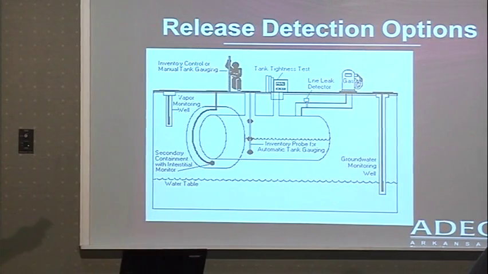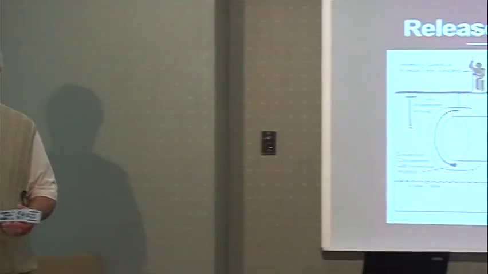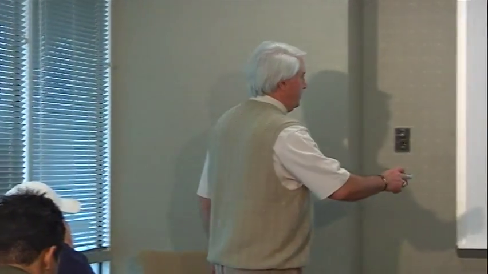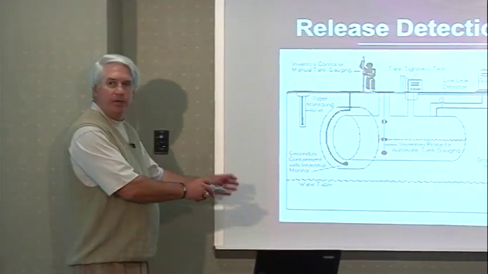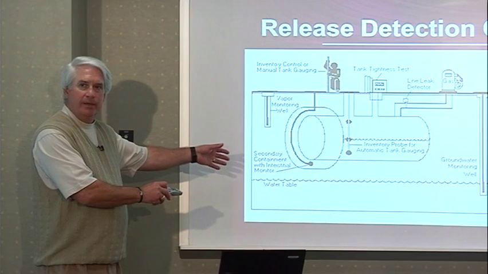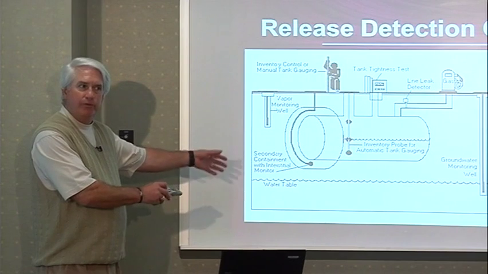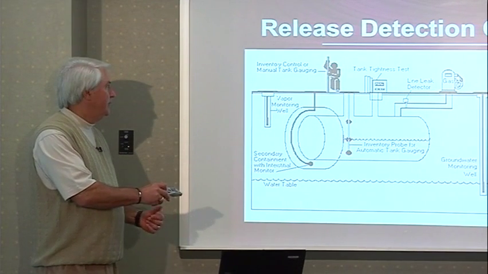You can see inventory control and manual tank gauging, where you have a guy that's actually taking inventory with the gauge stick. The same thing is happening here for automatic tank gauge, where you have a probe that goes directly into the tank and it's doing your inventory control for you.